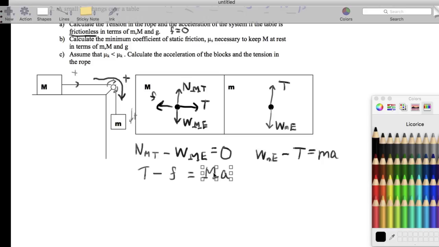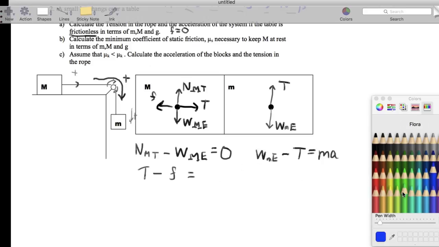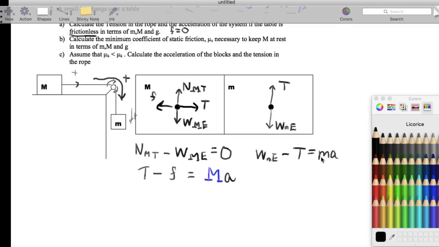I'm going to actually change this up a little bit because we know what big M is. We actually know what it is. So that means I'm going to write this as big M, meaning we'd put in 10 there if we were putting in numbers, but we're not going to for this problem. And here we're going to write, we'll just get rid of this.